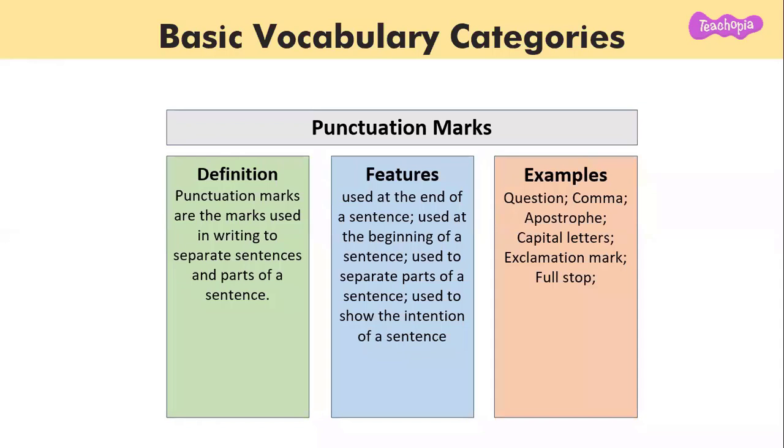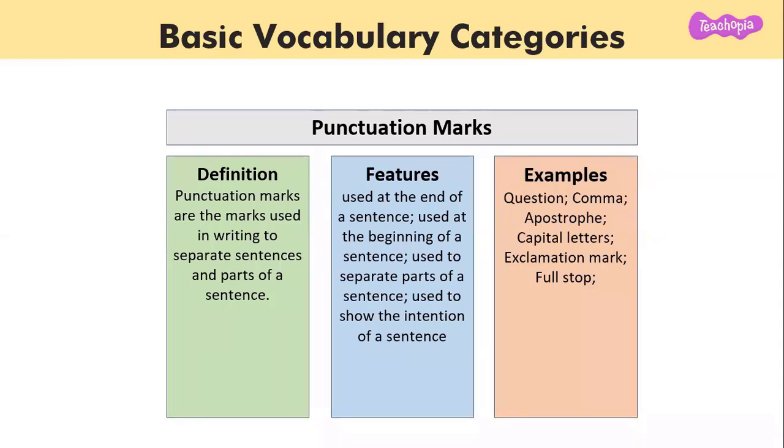Some of the features of punctuation marks are they are used at the end of the sentence, they are used at the beginning of a sentence, they are used to separate parts of a sentence, they are used to show the intention of a sentence. And you can probably add more features if you like. Some examples of punctuation marks are question mark, comma, apostrophe, capital letters, exclamation mark, full stop, and so on.